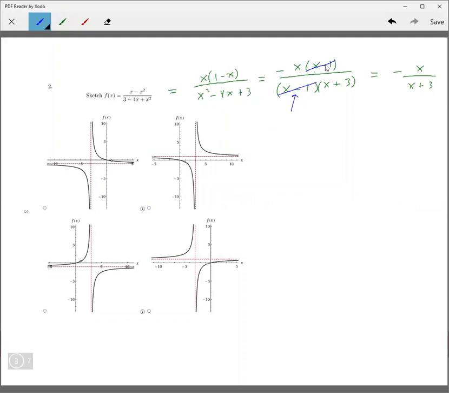So because it canceled like that, I'm basically going to have this graph, except there'll be a hole at x equals 1. When x equals 1, there's going to be a hole in the graph. Okay, so that would be like this right here. You'd have something like that, or like that, or like that, or I think is that at 1? Oh yeah, so they're all at 1. So that's incorporated into all of the graphs. Okay, so no matter which one it is, we're fine.